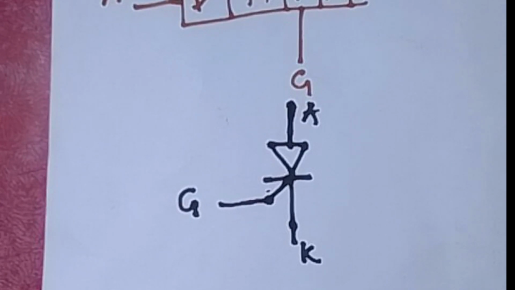I'm not going to bore you with the theory of how it works, but I'm going to take you briefly to its functions, what it is used for, and then we shall also look at how it is used for rectification and its other applications.